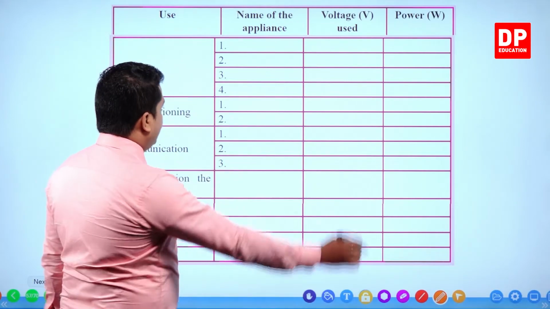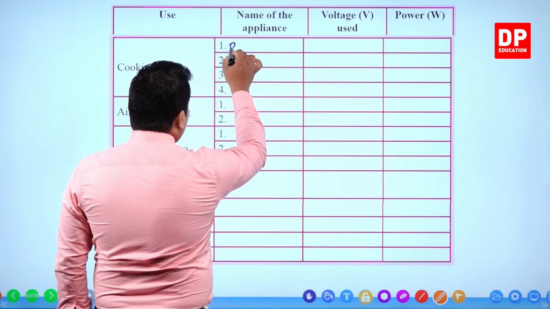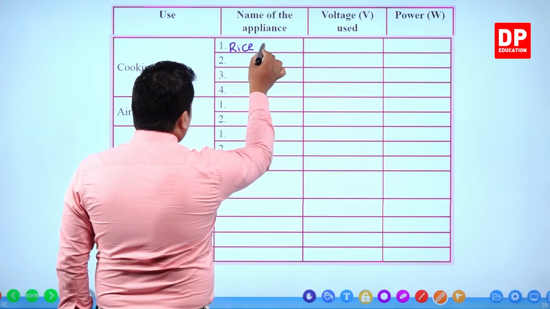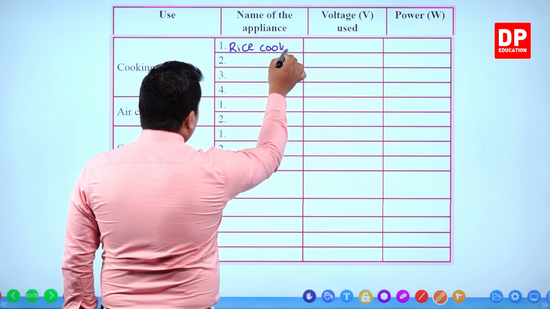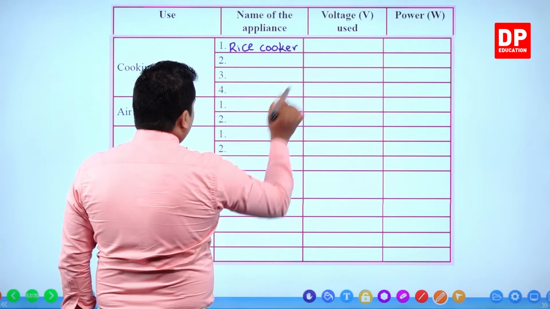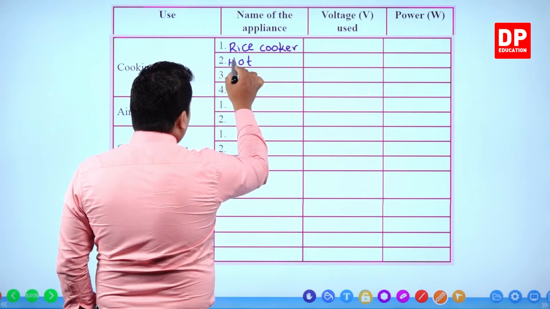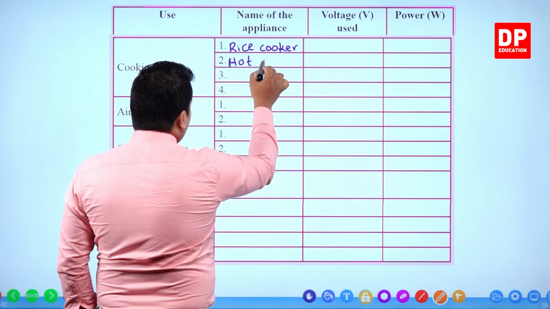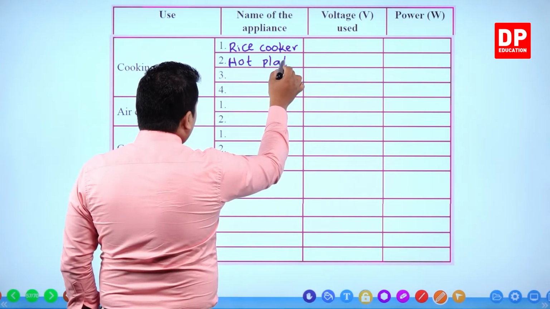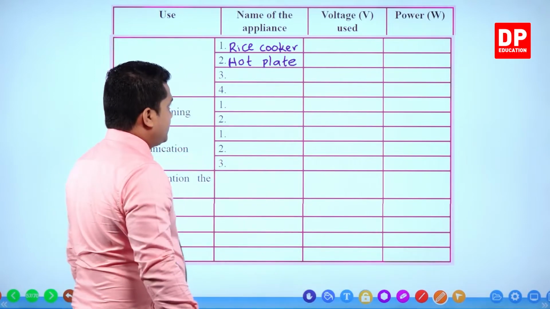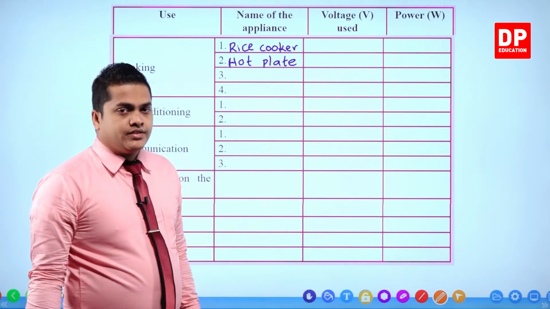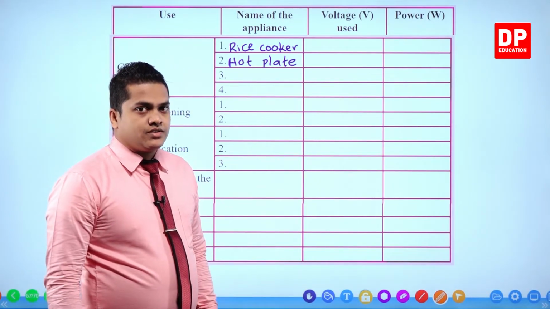So we can write first one, rice cooker. Then the second one is hot plate, or induction cookers.